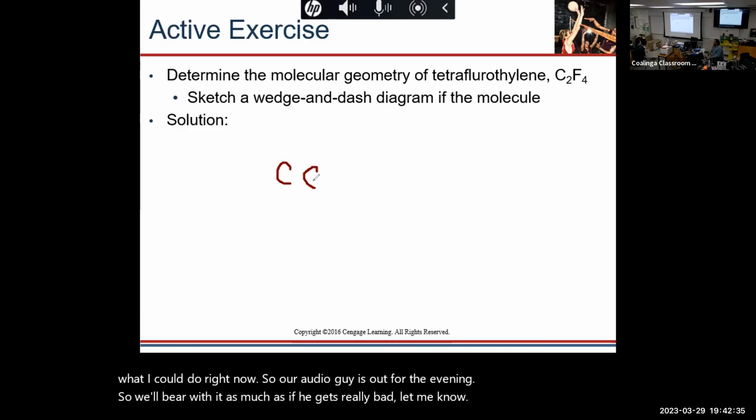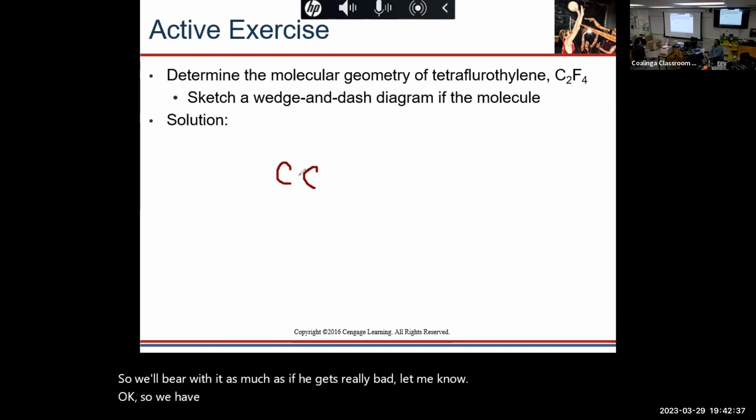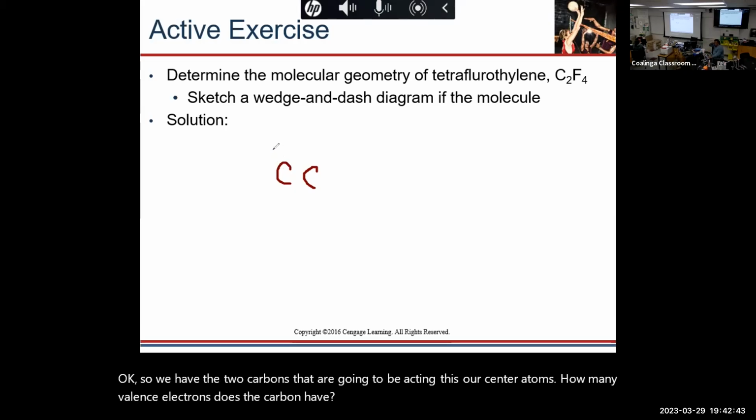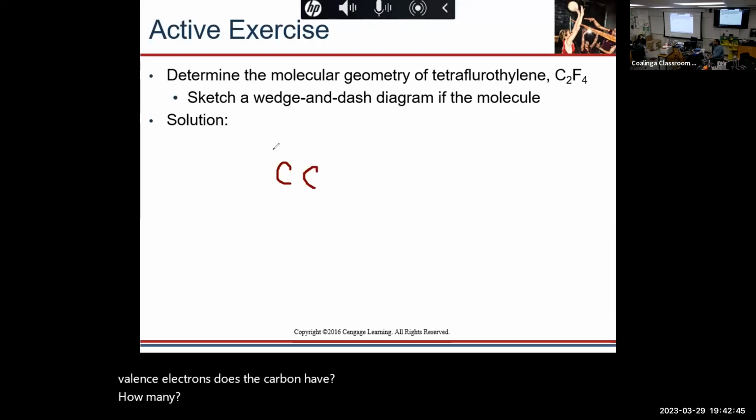Okay. So we have the two carbons that are going to be acting as our center atoms. How many valence electrons does carbon have? They have 4.